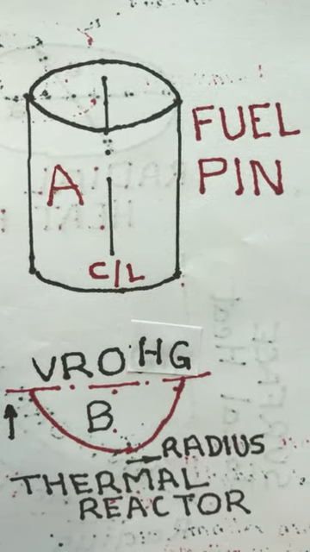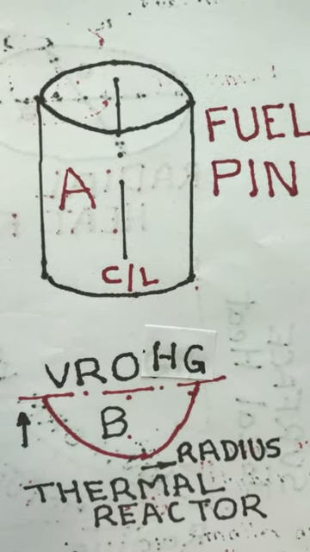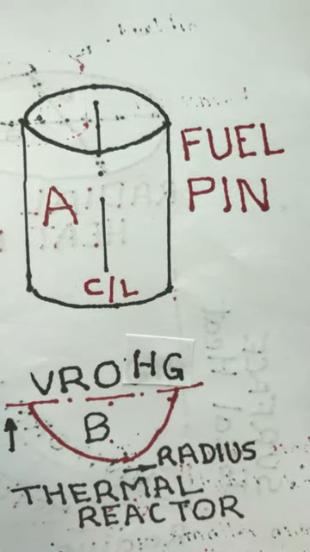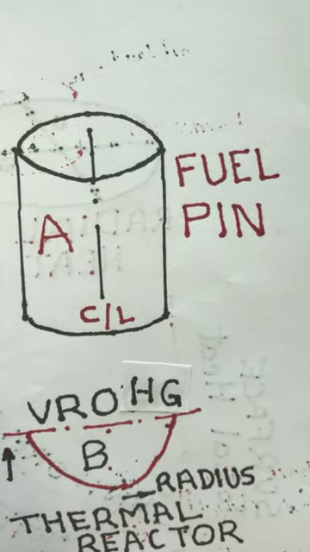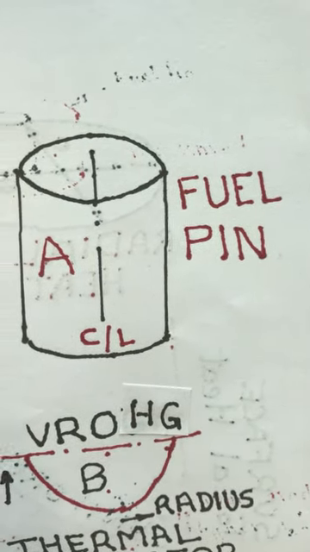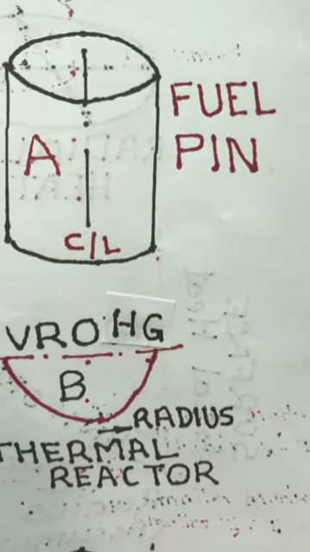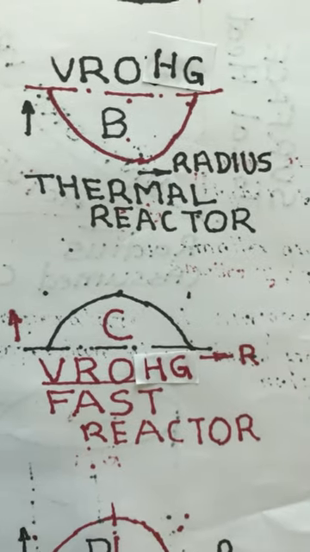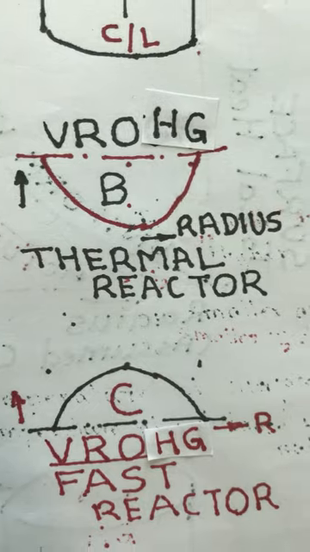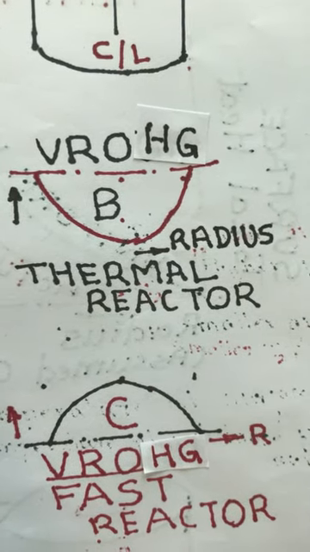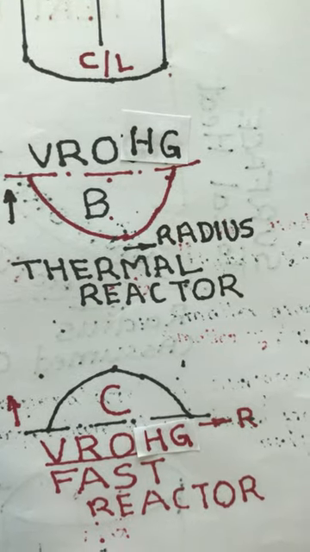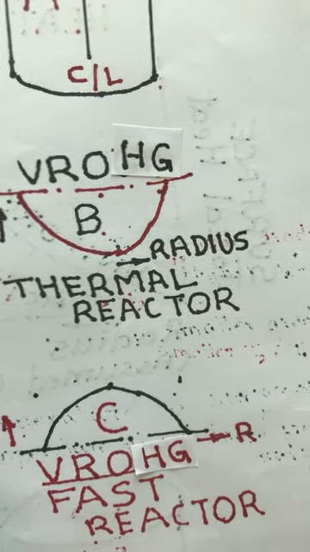What you see is that the heat generation is highest at the surface of the pin and lowest at the center of the pin. The trend is that it decreases as you move towards the center of the pin. While if you consider the same case for a fast reactor, the opposite is the case. You will find the heat generation increases from the surface as you walk towards the center of the pin.